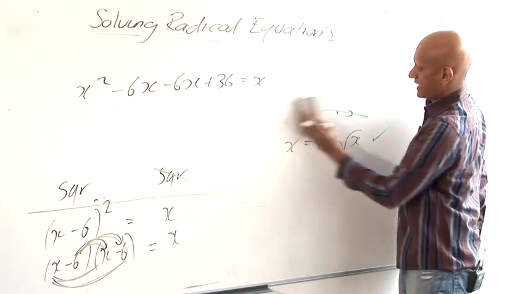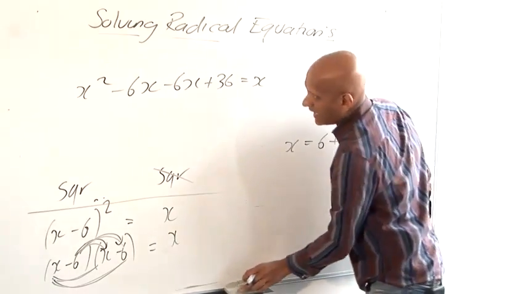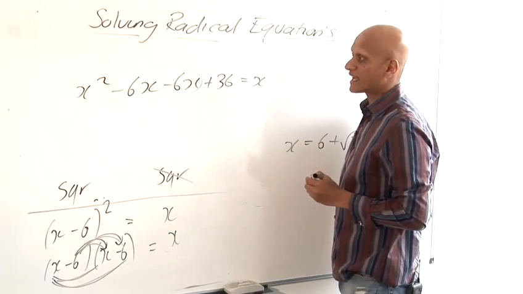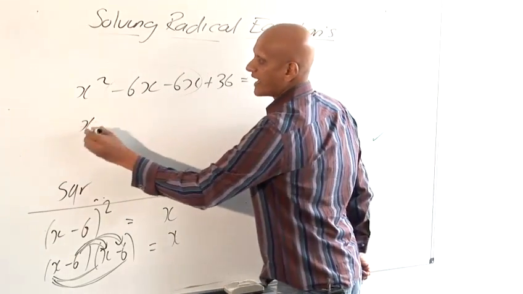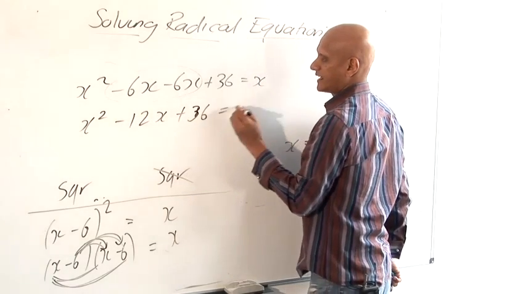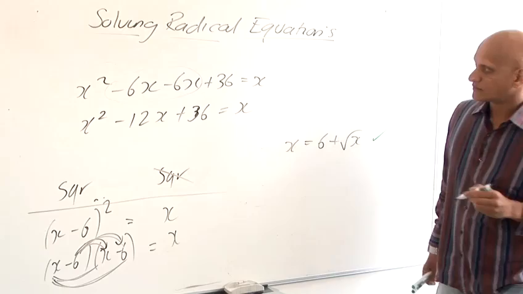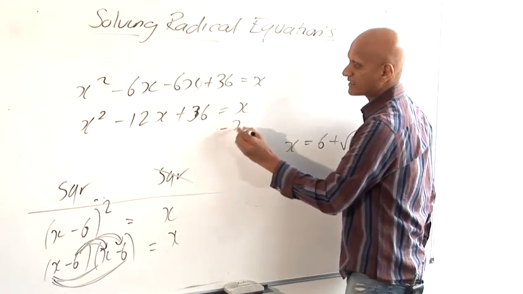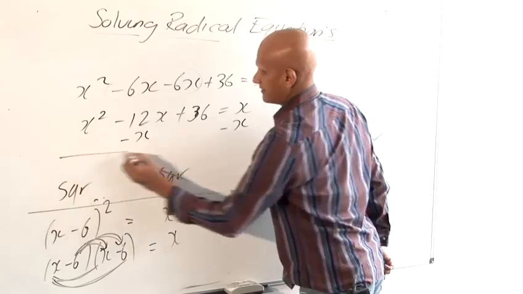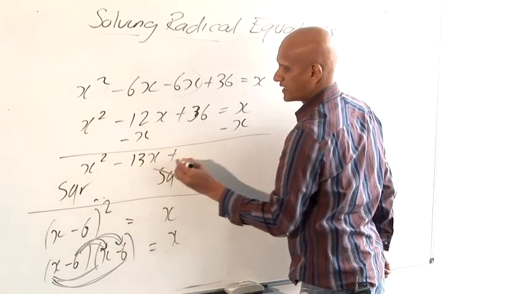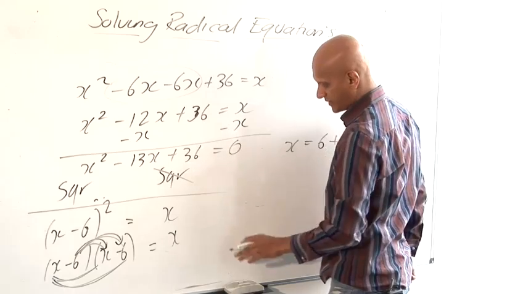And then simplifying as I go along, that minus 6x and the other minus 6x add up to minus 12x. So I get x squared minus 12x plus 36 equals x. And now I want to collect all the terms to one side, so I'm going to minus this x. And so that gives me x squared minus 13x plus 36 is 0.